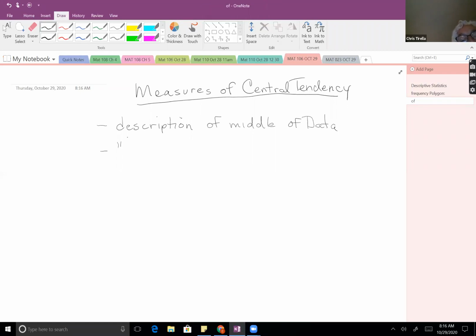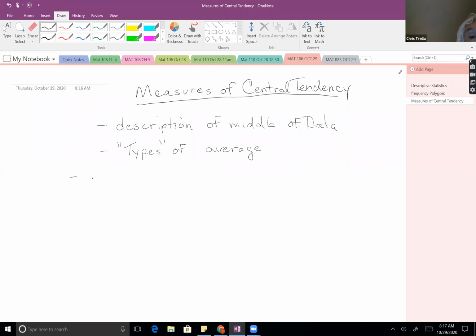Some ways you can almost look at them as types, different kinds of average. They all describe the middle, but in a different way. And they all have very specific places where they're more useful than the others.